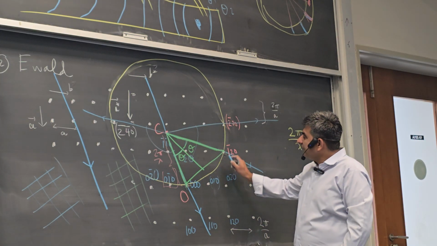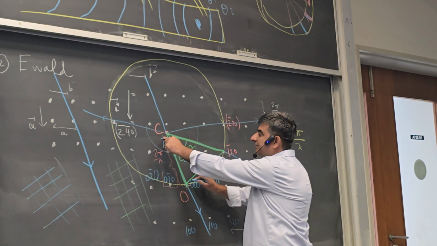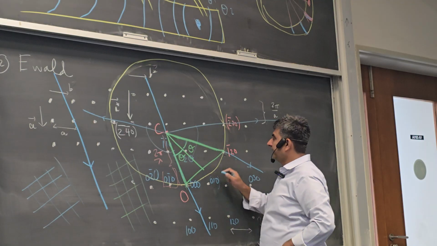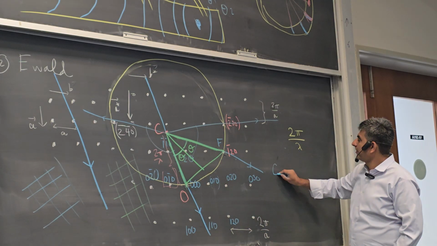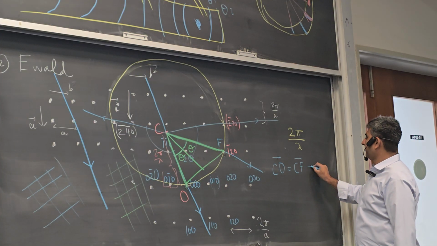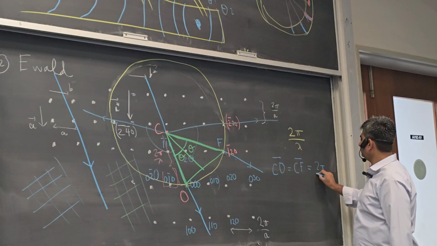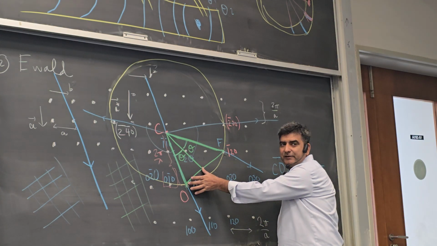All right. Now what is the distance of, first of all, what is this length? This length or this length? Let's say F. What is CO and CF? It's 2 pi over lambda. What is this? This is 2 pi over lambda sine theta.